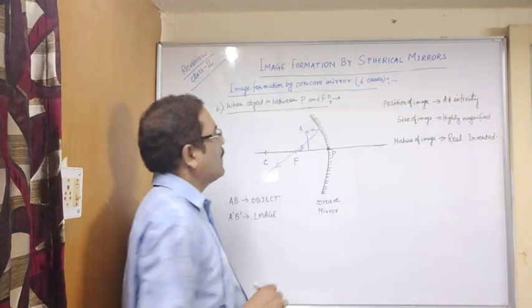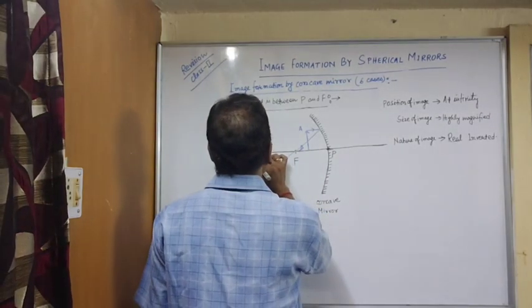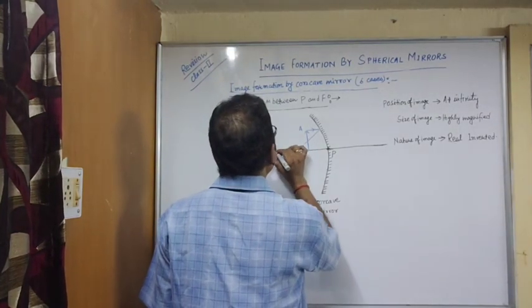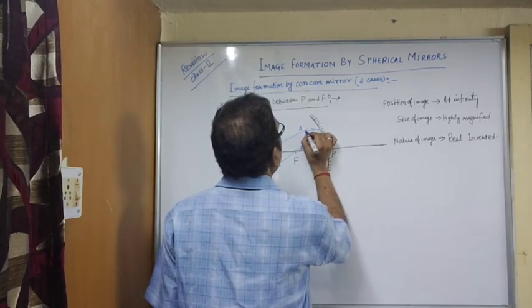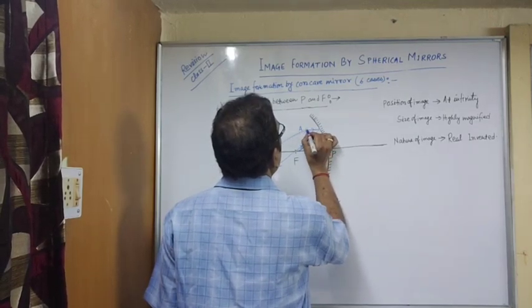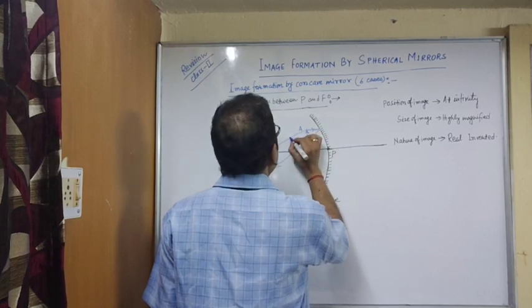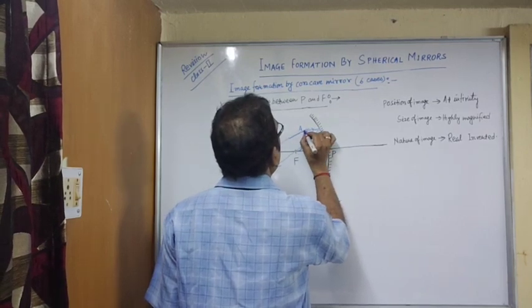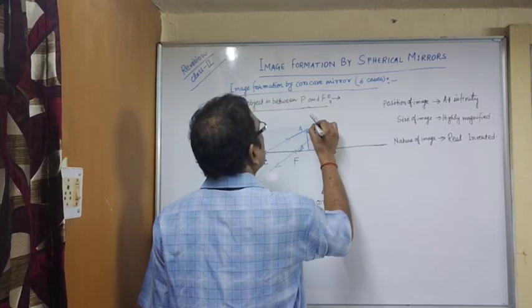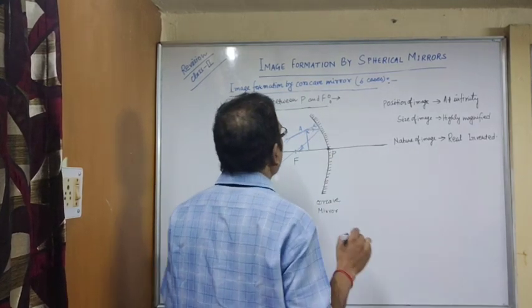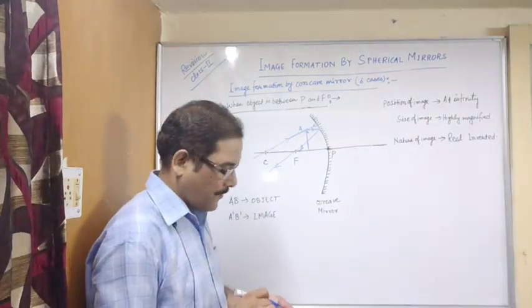We will take another ray through center of curvature of the mirror. So this ray, as you know, will be returned back along the same path.